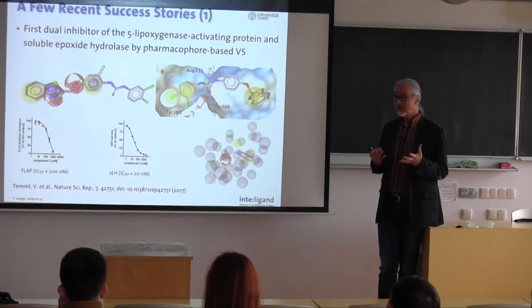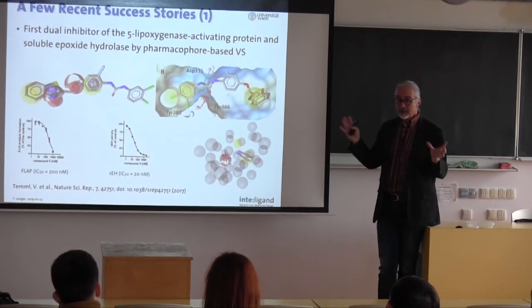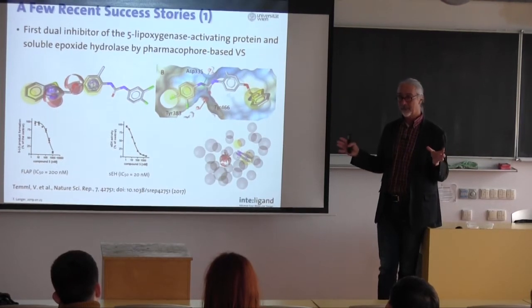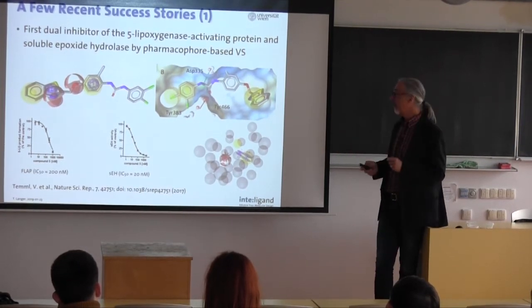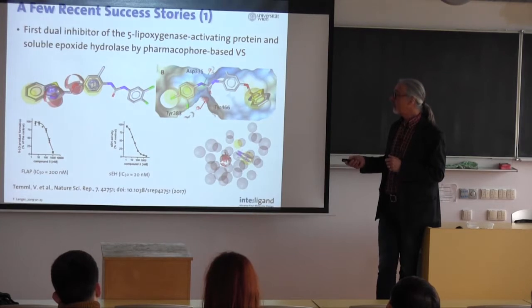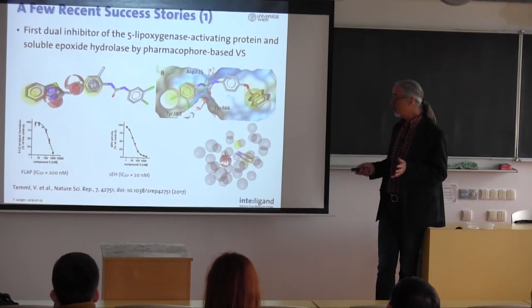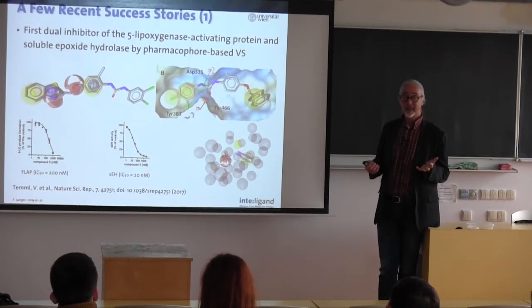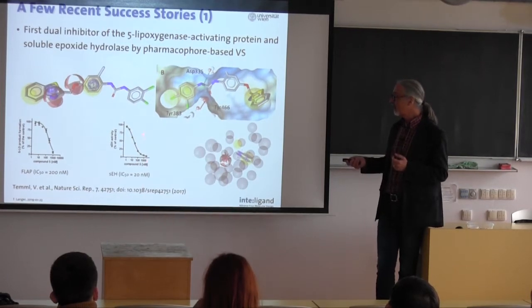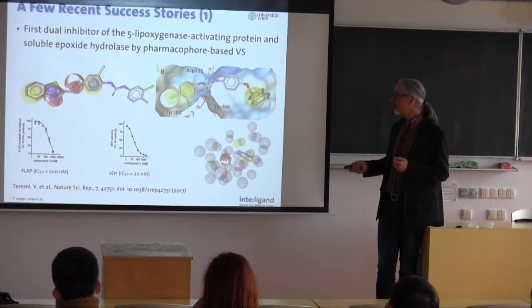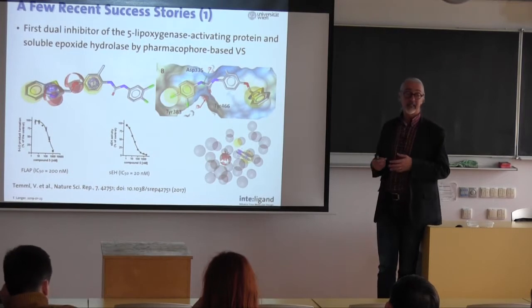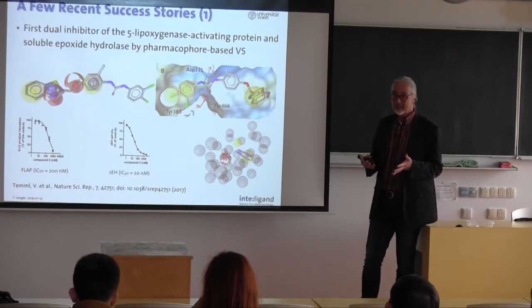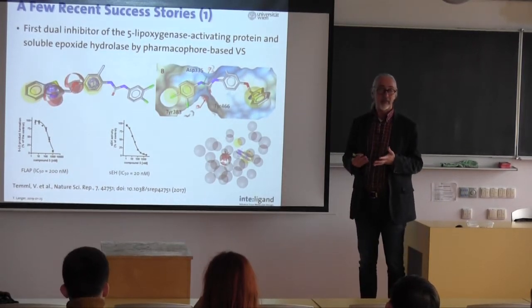So they were looking for a compound that acts on two different targets, but in the same pathway. They created pharmacophore models for both targets, and they found compounds that fit both targets. And then they measured and found compounds that were on one target 20 nanomolar, in the other one 200 nanomolar. So this is not a drug, but this is a perfect starting point for optimization.